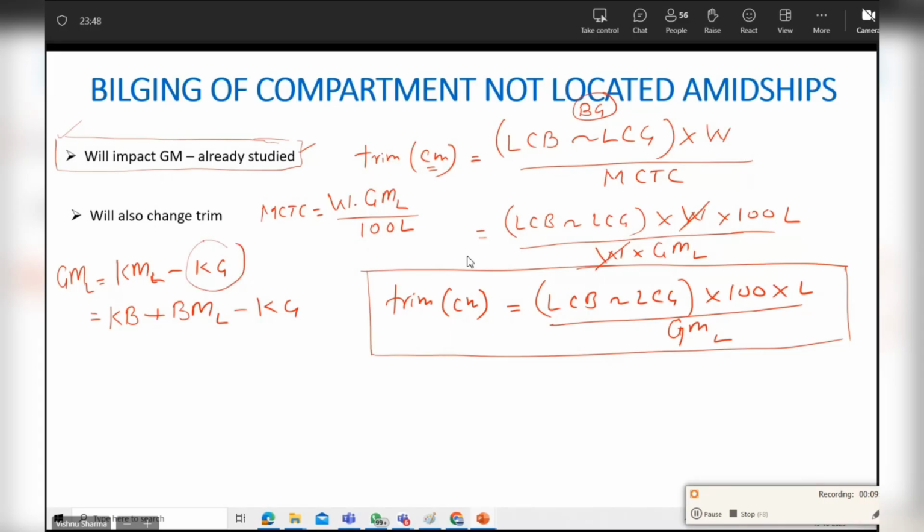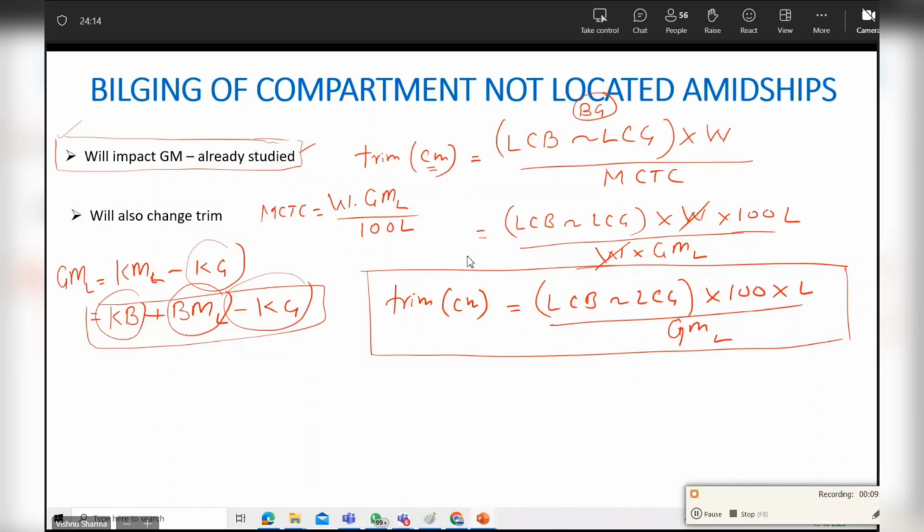Now, if the question gives you the KG of the vessel, then yes, GML has to be used, and should be used undoubtedly, because this is the correct formula. But many times in our questions, the KG is not given. In the GML formula, to BML you are adding KB and subtracting KG.